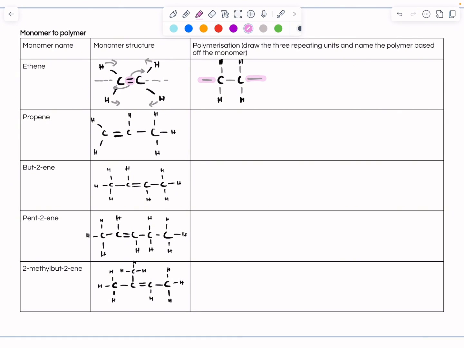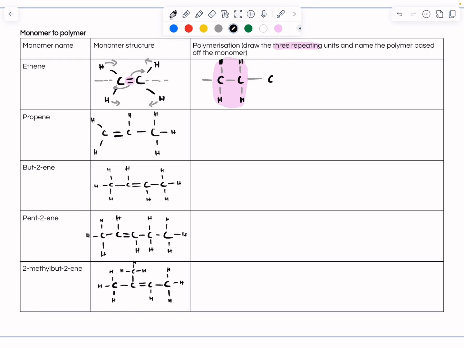And so in this example, or these examples, we're drawing 3 repeating units of the monomer. So right now, I have 1 repeating unit. I have to have 3. And so all I have to do is basically know that if this is 1 repeating unit over here, I need to be able to draw 3 of them. So I'm going to go ahead and do that.